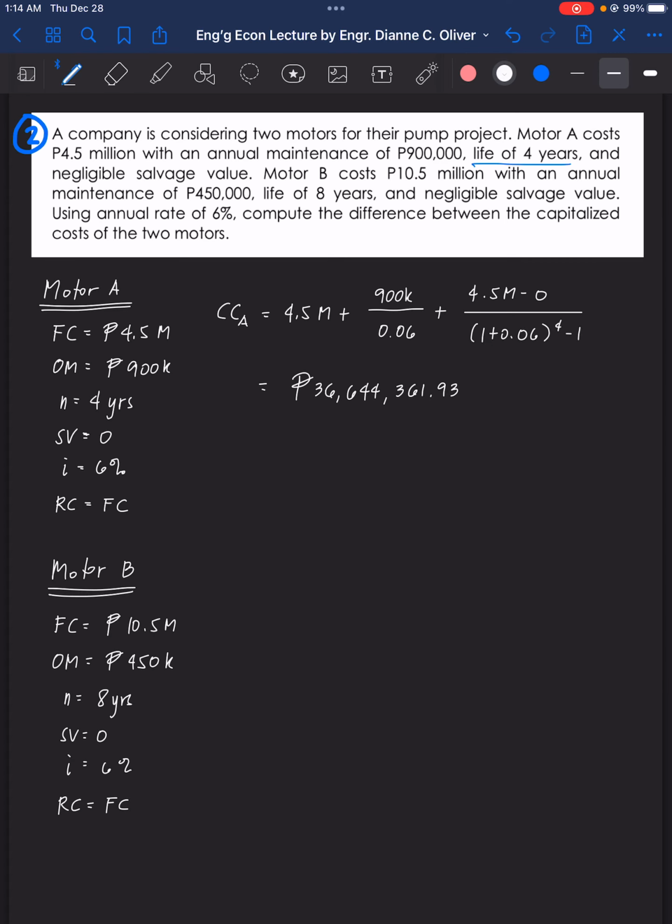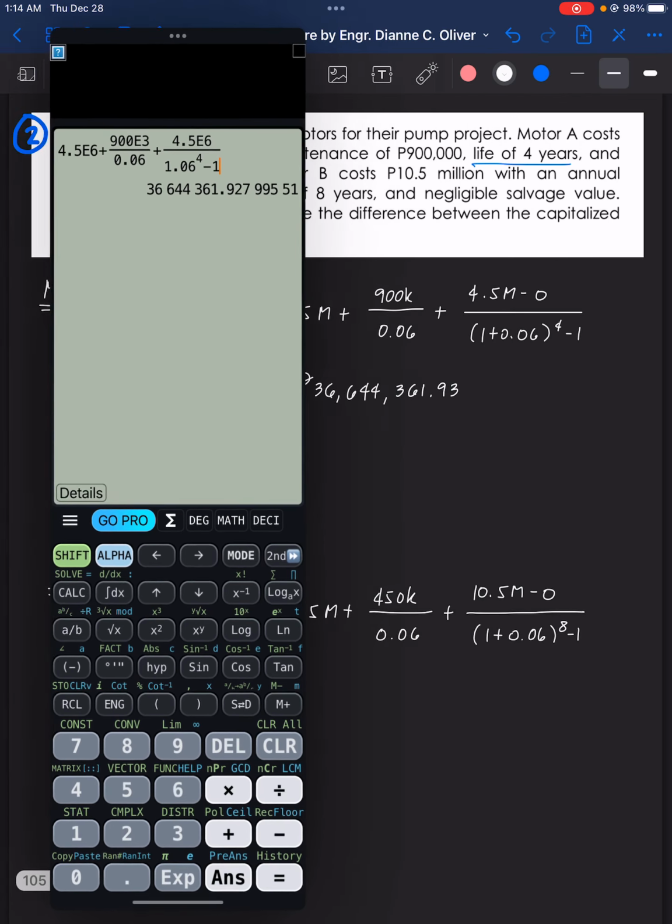So using the capitalized cost formula, CCB is now equal to the first cost of 10,500,000 plus 450K divided by 0.06 plus the first cost minus 0 salvage value all over 1.06 raised to life of 8 years minus 1.